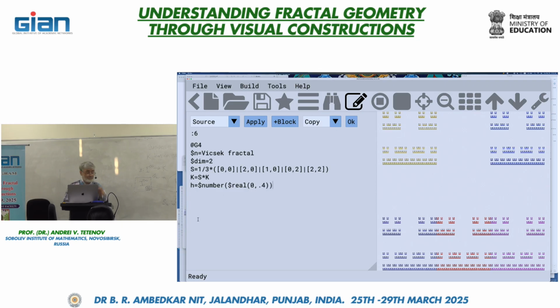Then, being very lazy, I just write the equation. I call it KK, Koch curve, and I write these four maps.